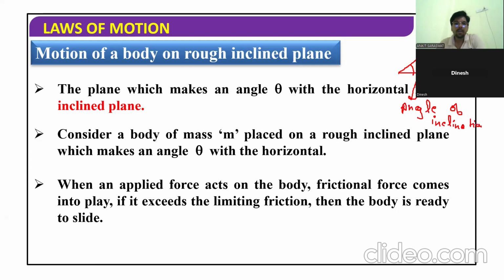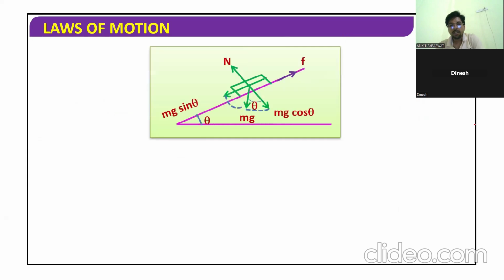Consider a body of mass m placed on a rough inclined plane, which makes an angle theta with the horizontal. When an applied force acts on the body, frictional force comes into play. If it exceeds the limiting friction, then the body is ready to slide. If you draw the free body diagram, this is the inclined plane.